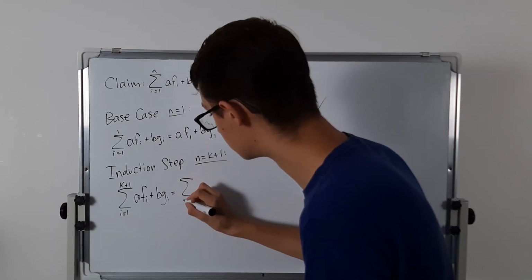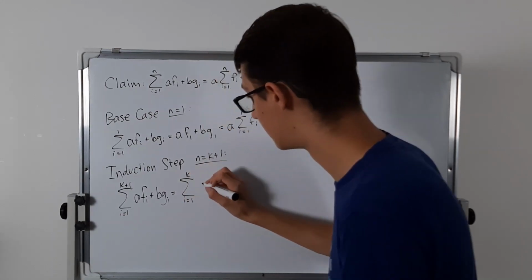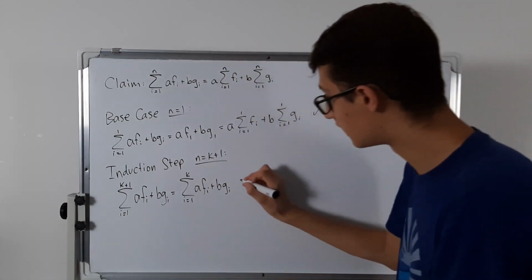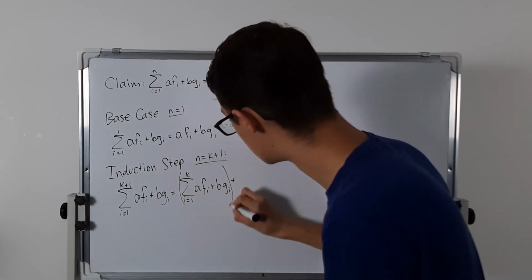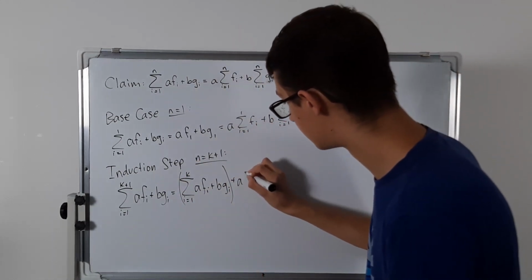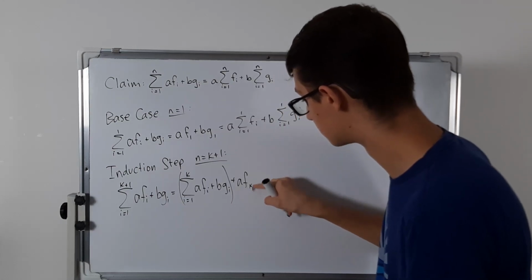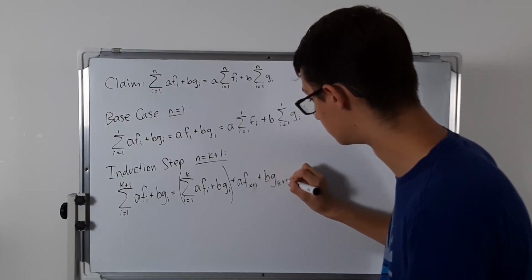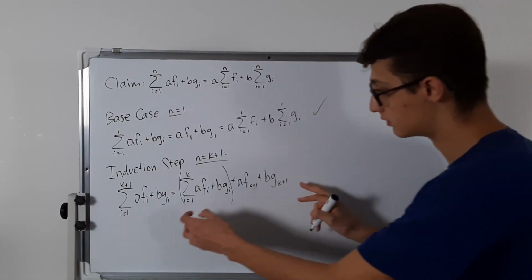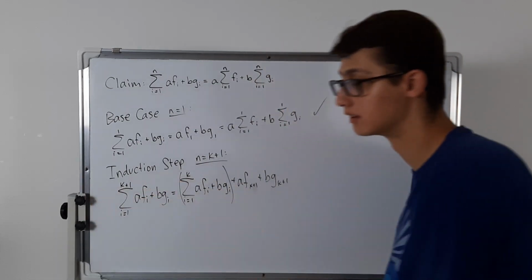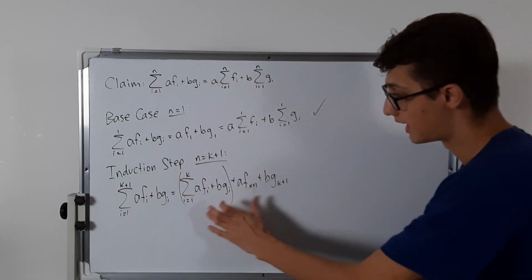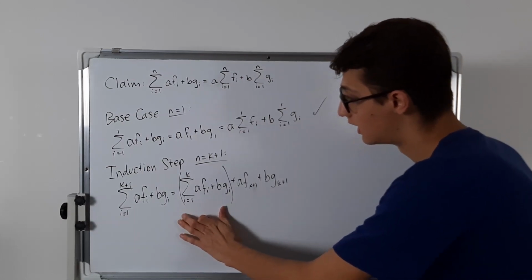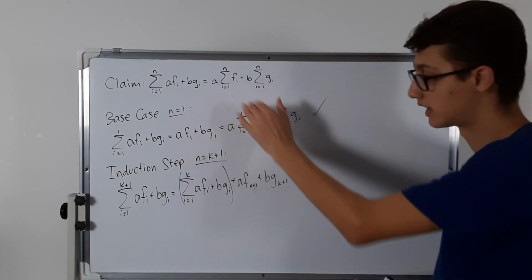So the way we can think of this is the sum from I equals 1 to k of AFI plus BGI, and then plus AF sub k plus 1, and then plus BG sub k plus 1. Right, so if we take these two together, we get the sum to k plus 1. And remember, our induction hypothesis was assuming that this is precisely equal to that for n equals k.